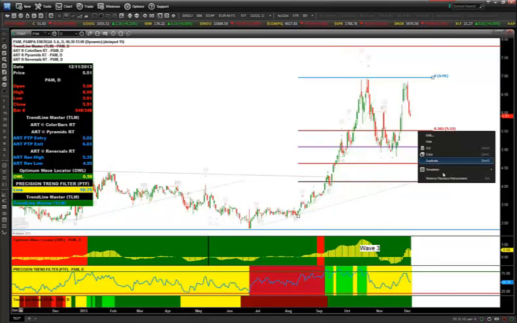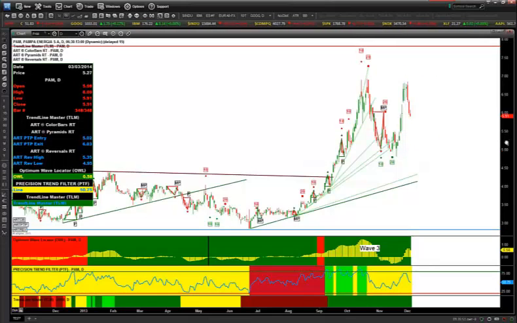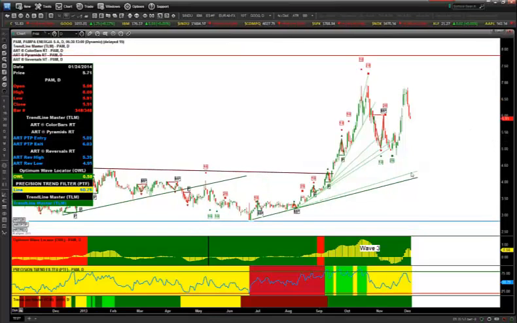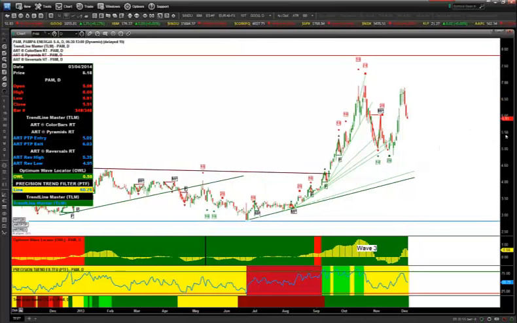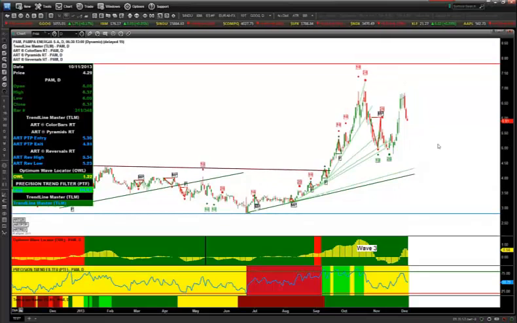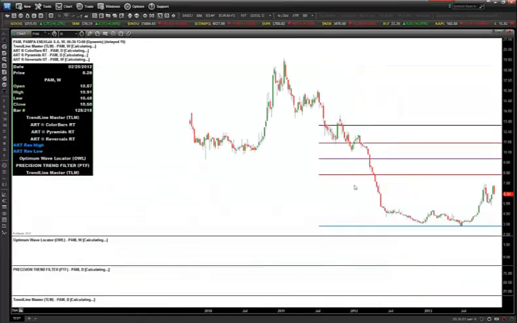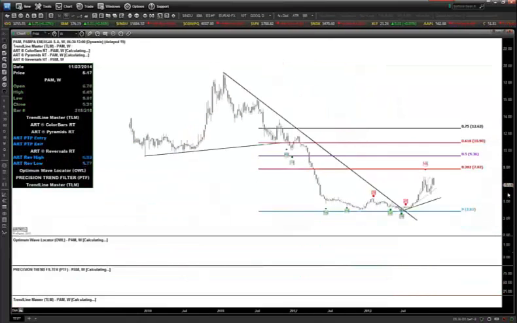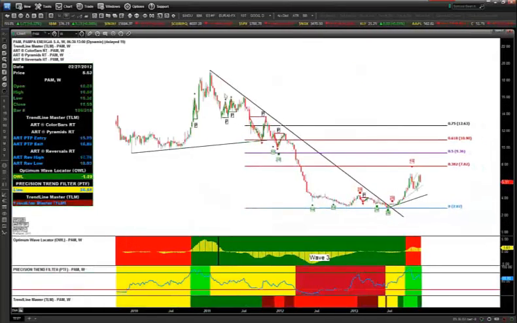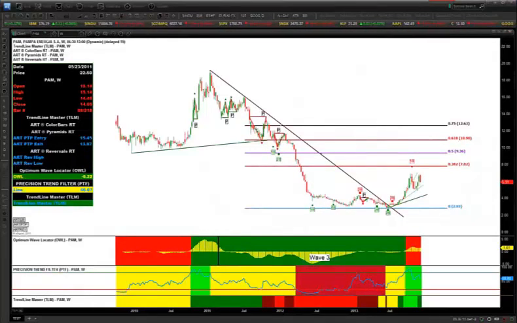Now, if we remove the Fibonacci retracements that we used to establish that particular move to the downside, the next thing to do is take a look at the higher time frame and see what's cooking on that. If we go to the weekly time frame, we get a little bit different scenario here. Notice we've had a wave 3 down, all right? Let me get my pen here.